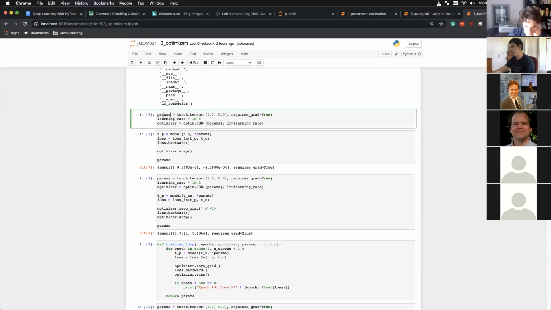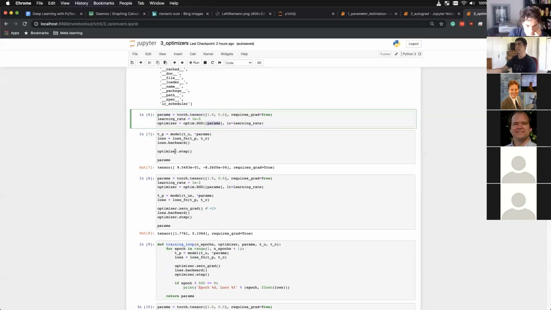So we have our parameters for our model, just like before: our weight, our bias, our learning rate. Then we take our optimizer, define it, and say, these are the parameters I want you to optimize, and here's the learning rate. Then we do the same thing as the previous one.